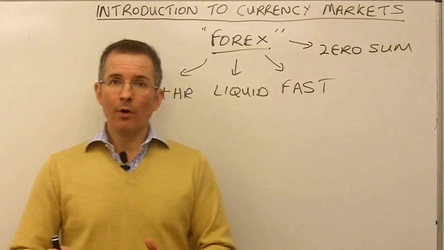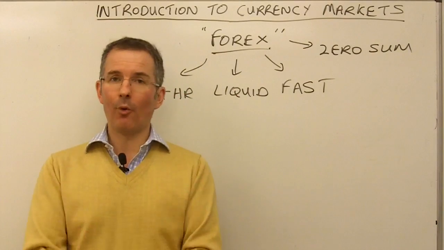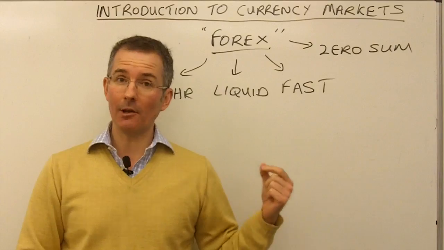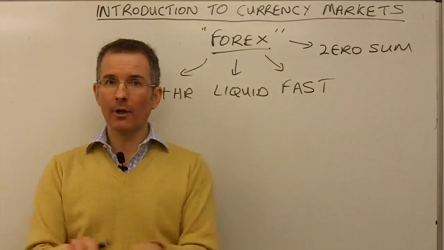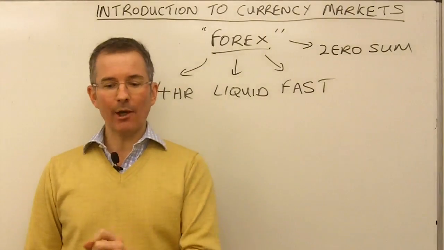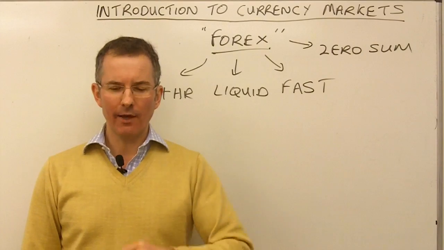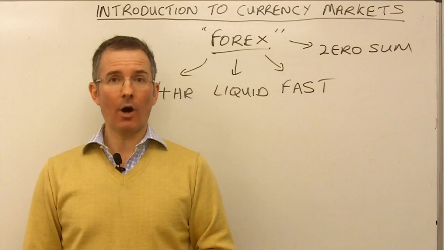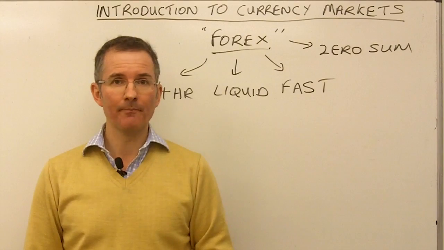Now it is possible for all currencies in the world to rise or fall against, say, a commodity like gold, but that's not the same point. Within the currency world, everything's zero sum. So you're always trading a pair, you're not just picking off one at a time. And that's something to bear in mind when you trade currencies. If you're bullish about sterling, you are presumably bearish about something else, the euro, for example.